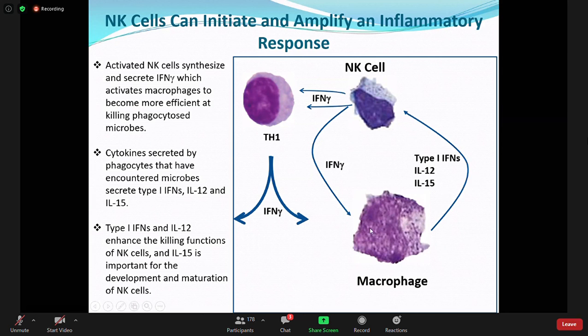So by stimulating the macrophage with interferon gamma, that induces the macrophage to be more phagocytic and more deadly to phagocytosed material, but also to make more of these NK cell stimulating cytokines. The interferon gamma will then also stimulate the T helper cell into this particular subset called Th1 cells, which you'll learn about in the next lecture. And that Th1 cell is predominantly the major interferon gamma producer.